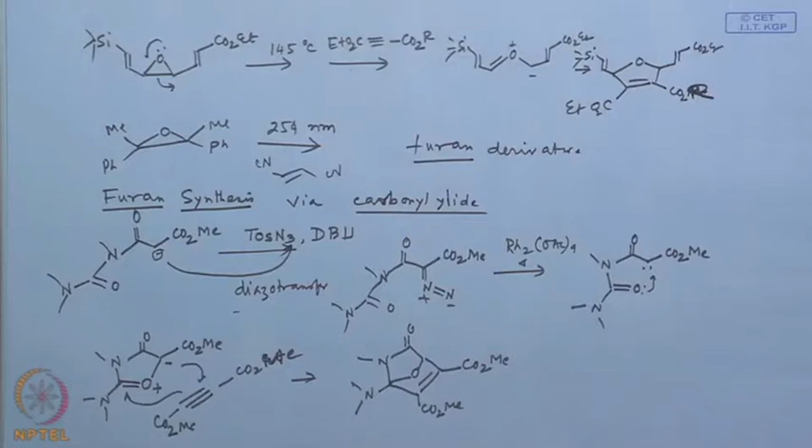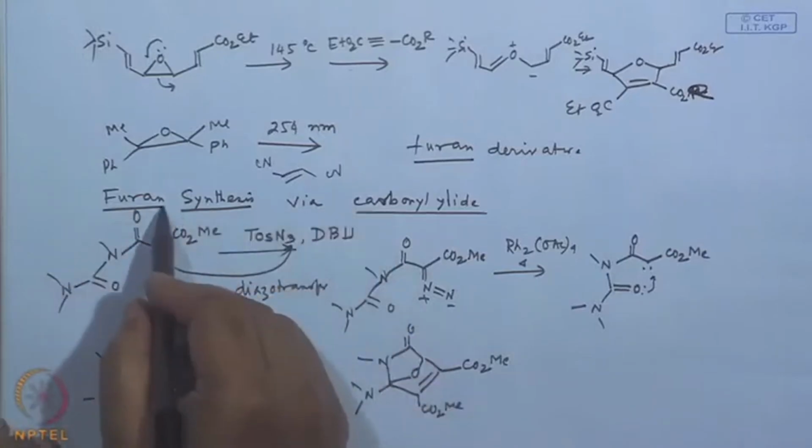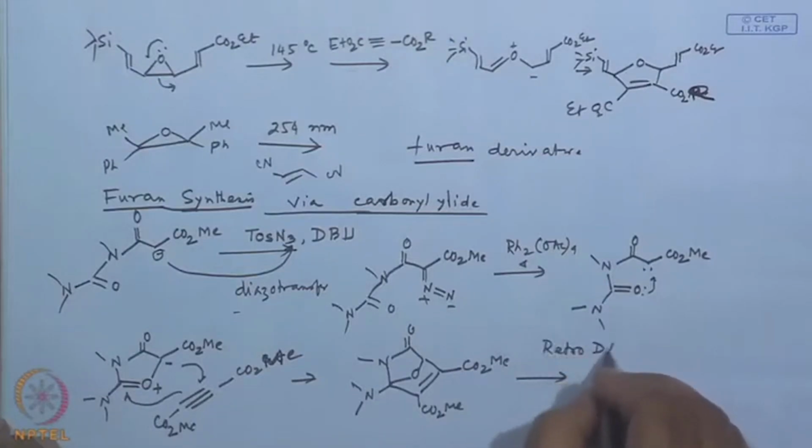Right, understood. So, what next? If you recall, the title was furan synthesis by carbonyl ylide formation, via carbonyl ylide. And if retro Diels-Alder takes place thereafter, what is the product?